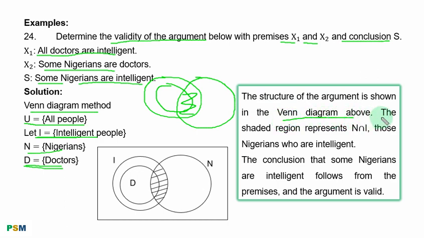The shaded region represents Nigerians intersection intelligent people, those Nigerians who are intelligent. The conclusion that some Nigerians are intelligent follows from the premises, and the argument is valid.